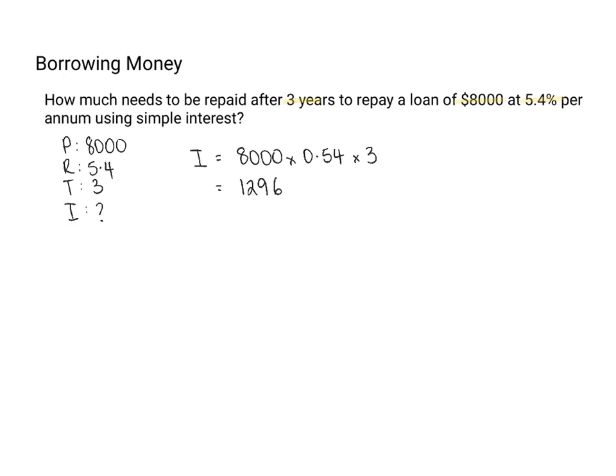They need to repay the principal and the interest, okay? So the amount owed is going to equal those two added together. So the amount owed is going to be the 8,000 plus the 1,296, which is 9,296 after 3 years.